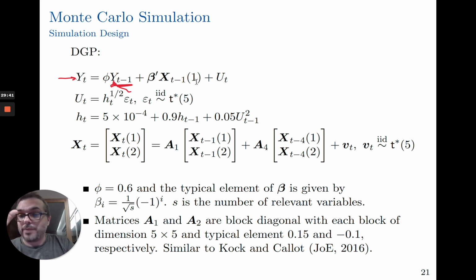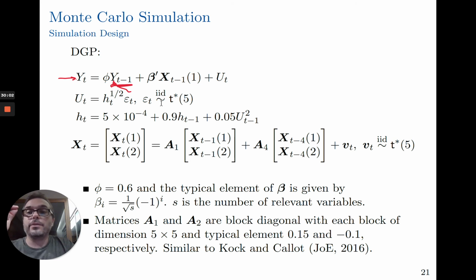One here means the relevant ones, plus an error term. The error term follows a GARCH(1,1) process where you have a volatility function given by these parameters times a random term that's a t-distributed error with 5 degrees of freedom.